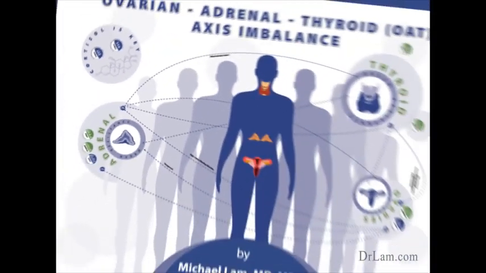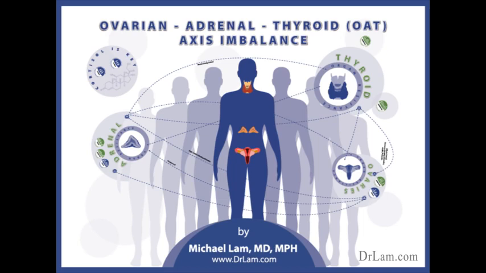So by normalizing the adrenal function, the estrogen dominance in the ovarian system will go down, and the secondary hypothyroidism symptoms will also tend to improve. So the key is to work on the adrenals. If you don't do that and you're working on the other systems without fixing the adrenals first, then it's oftentimes a strategy that is futile and oftentimes can fail.